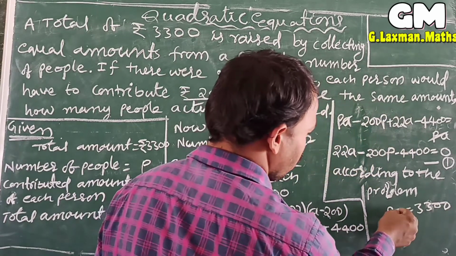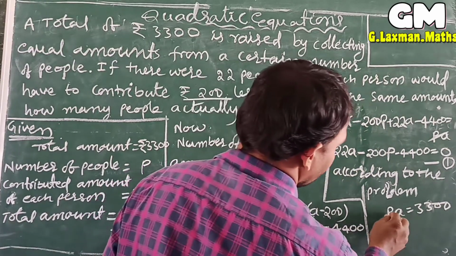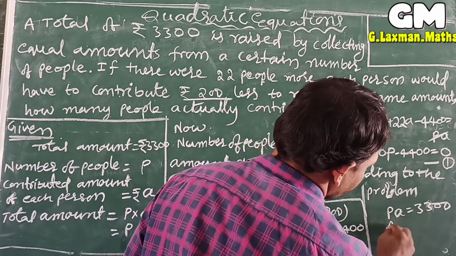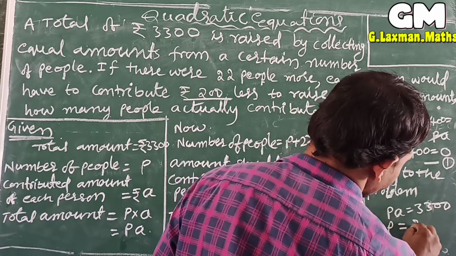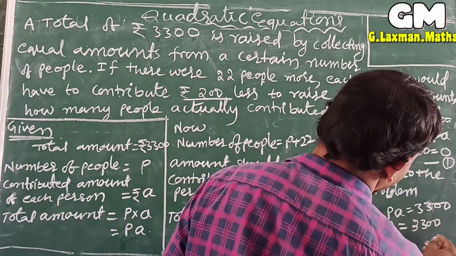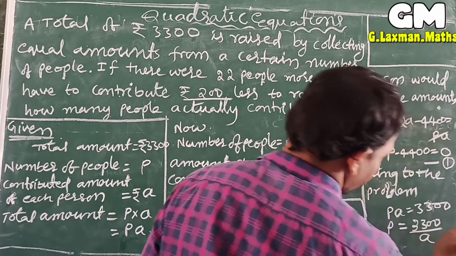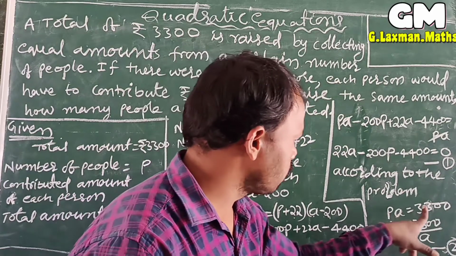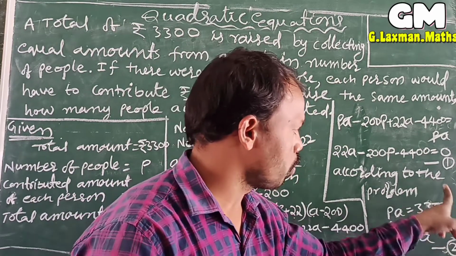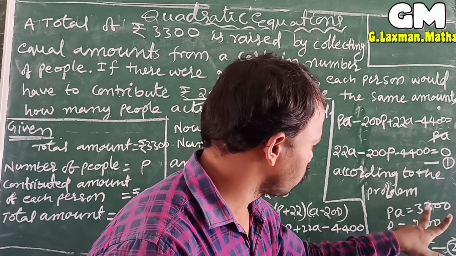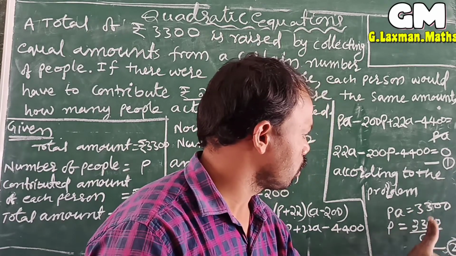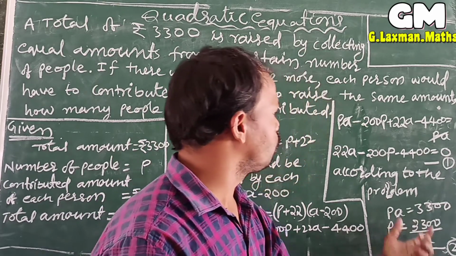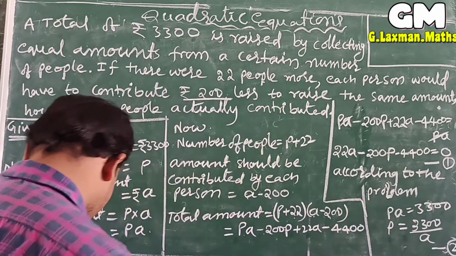So let us find any one of the values here. We can find P, so P is equal to 3300 by A. This is equation 2. This is the total amount collected. So substitute the P value in equation 1.